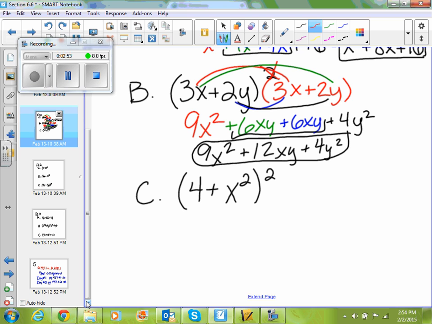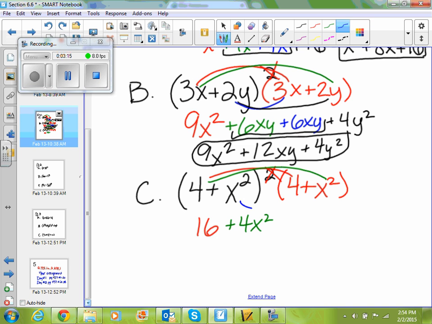Alright, so if I look at C, 4 plus x squared, squared. Cross off the squared and rewrite 4 plus x squared. 4 times 4 is 16. 4 times x squared is 4x squared. x squared times 4 is 4x squared.